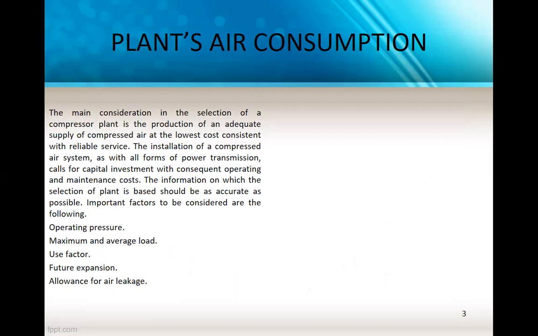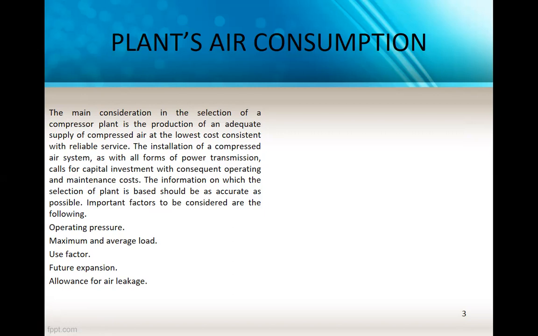You cannot overdesign here because this is the most expensive part. The installation of a compressed air system, as with all forms of power transmission, calls for capital investment with consequent operating and maintenance costs. The information on which the selection of plant is based should be as accurate as possible.